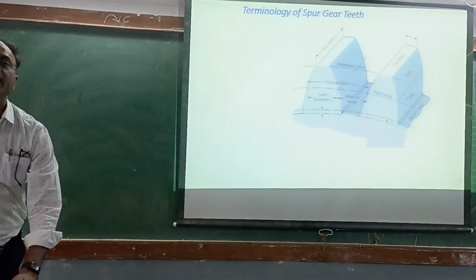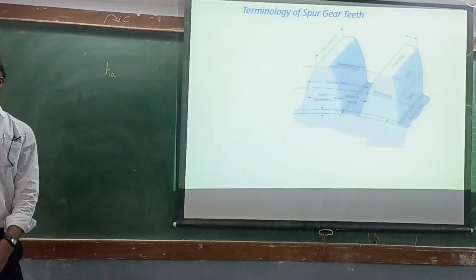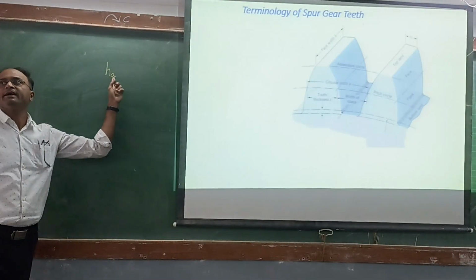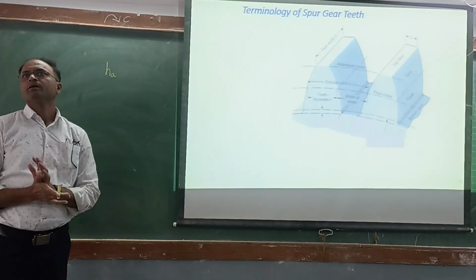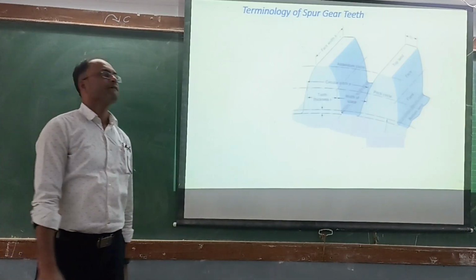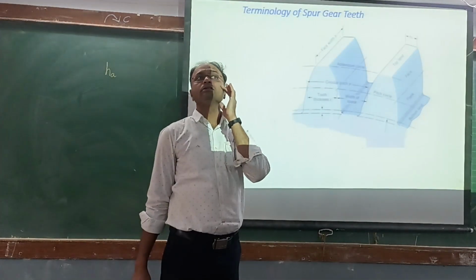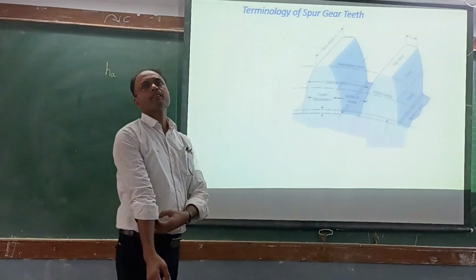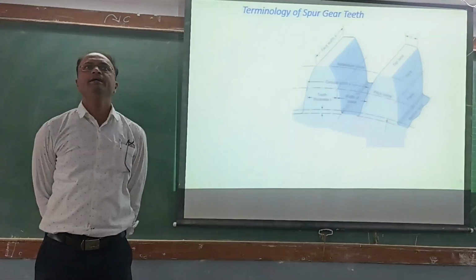Addendum is denoted by HA. Now we are going into terminology. Addendum is denoted by HA. Next time dedendum. Radial distance between pitch circle and dedendum circle.